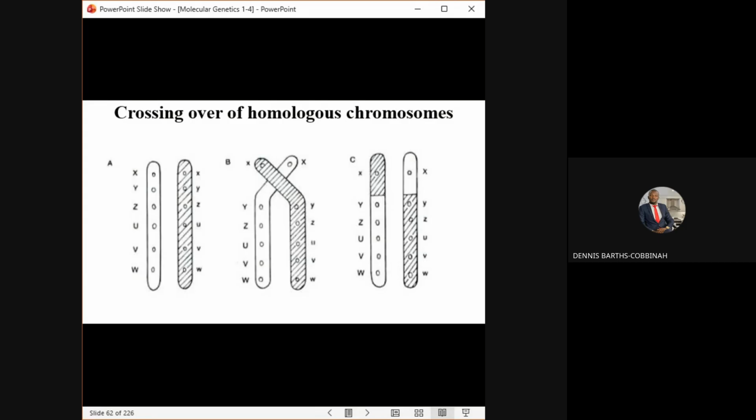Now with meiosis, you realize that at a stage, the chromosomes break and rejoin, indicating exchange of certain genetic material.